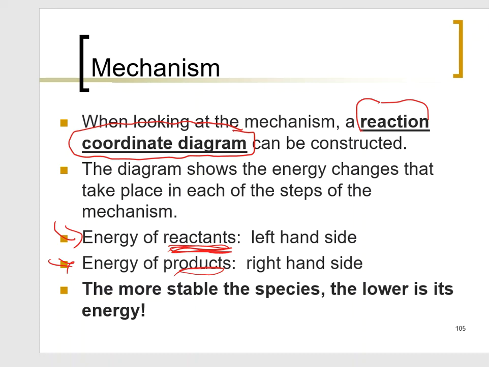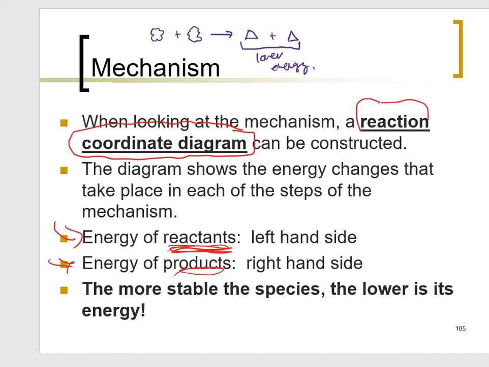This is a driving force for reactions. If I'm reacting something over here and I'm expecting products to get formed, these products better have lower energy, because if they had high energy, they're going to react again. I don't want that. Those products better have lower energy, because if they do not, they are not stable, and they are not yet done.